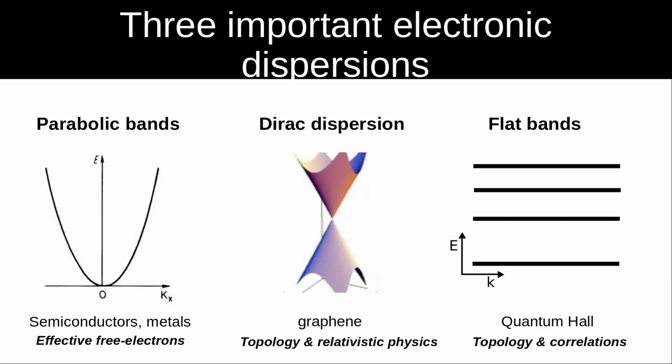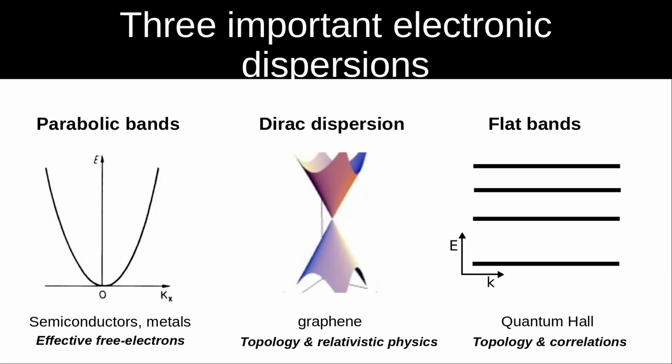There are, nevertheless, more interesting cases. And one of the interesting cases is the case where the energy versus momentum relation is linear. So instead of having E proportional to p², we have E proportional to p, the momentum. And this is what happens in graphene. And it's what happens in different types of topological matter, including quantum spin Hall insulators, Chern insulators, symmetry-protected topological phases, and so forth.